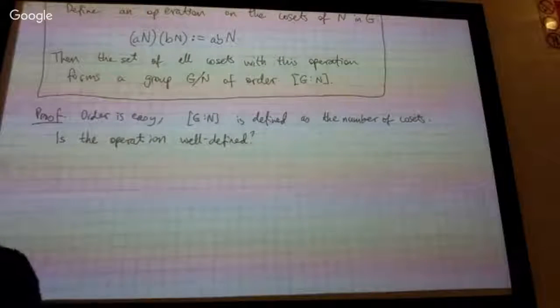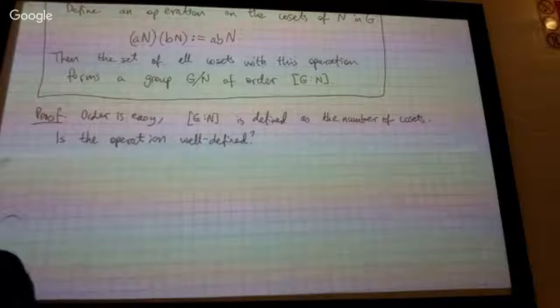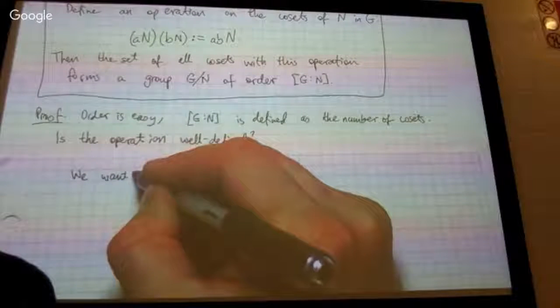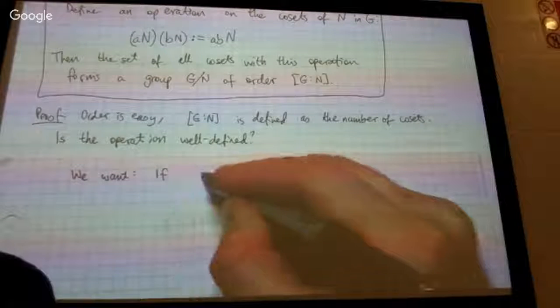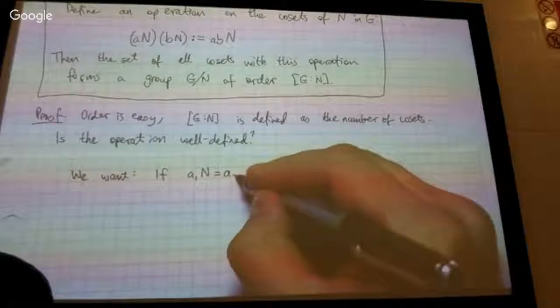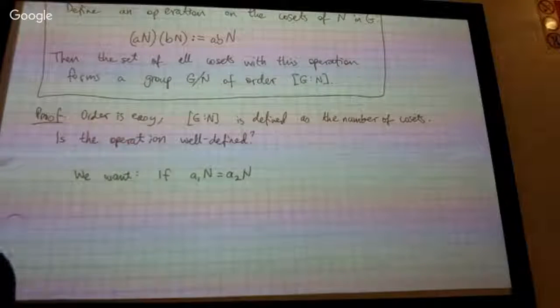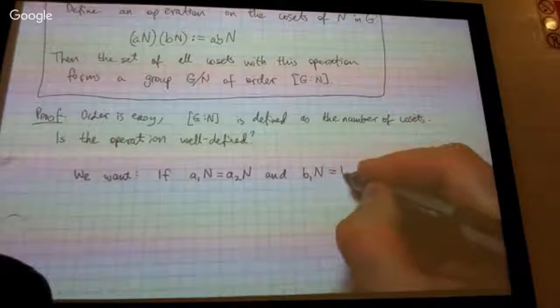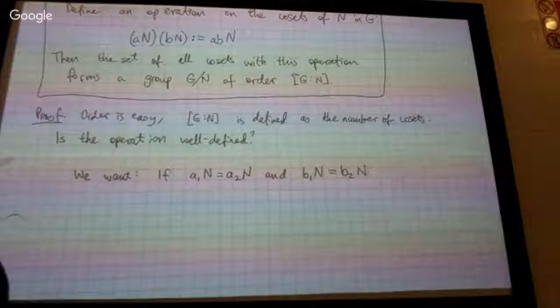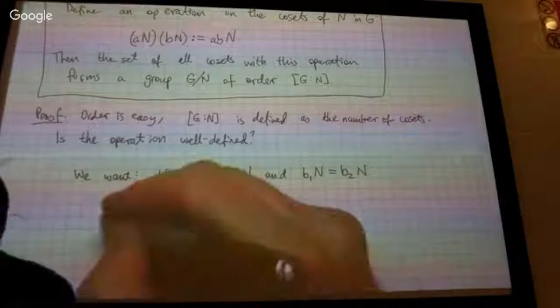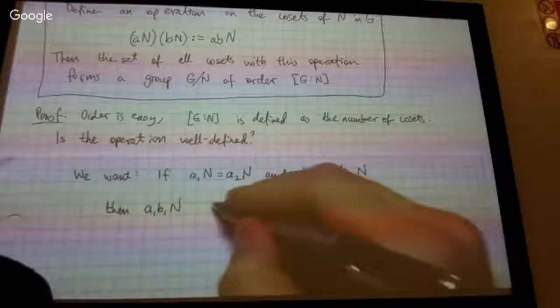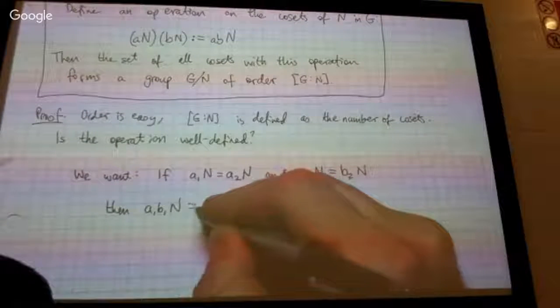So we want that if I have two ways of defining one of the cosets, and I have two ways of defining the other coset, then if I do it this way, or if I do it this way, I get the same thing.